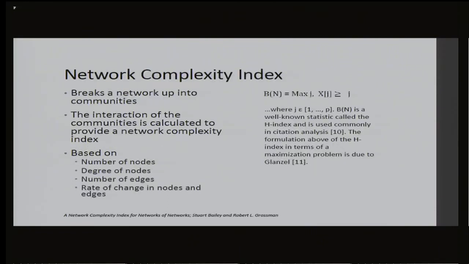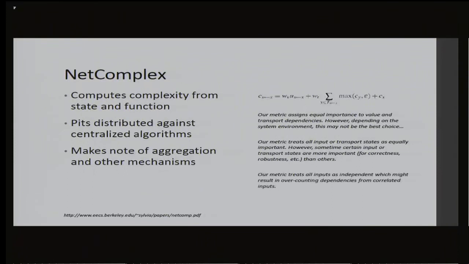So whereas Network Complexity Index actually tries to break the network up into communities, the NetComplex actually tries to treat the control plane as one big thing, and it tries to compute a single complexity number by summing all of the nodes and edges against each other and the rate of change and stuff. This kind of pits distributed against centralized algorithms a bit. I think centralized algorithms tend to work better in the NetComplex number, and it does try to make note of aggregation and some other mechanisms to hide information and reduce control plane state.